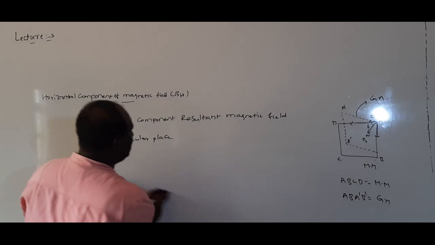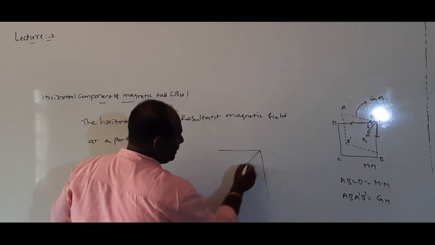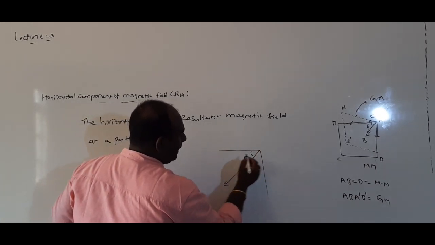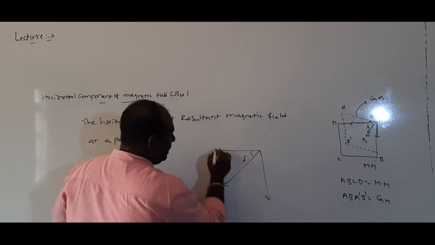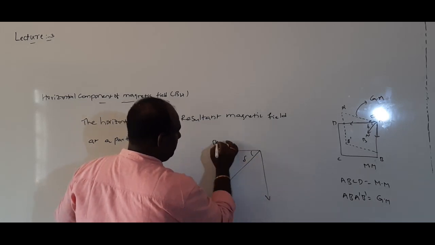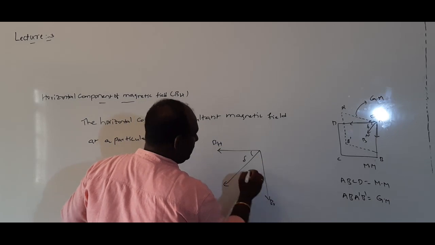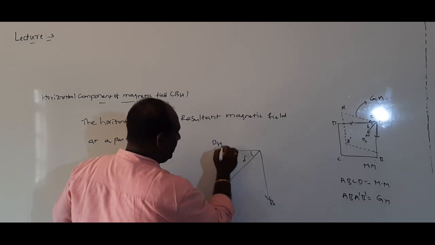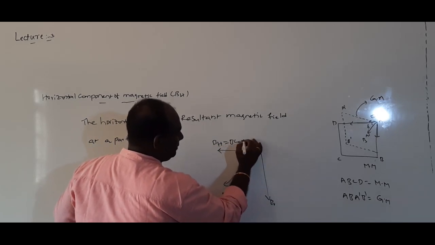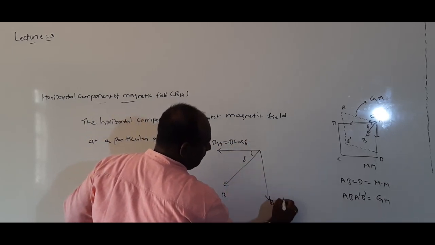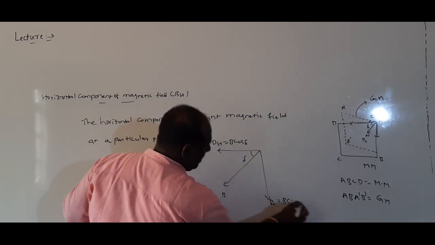Here if you consider this case, this is a resultant magnetic field, it makes an angle delta with the horizontal direction. This is B horizontal, this is B vertical. If you resolve this B into two components, we can get B cos delta, B sin delta.